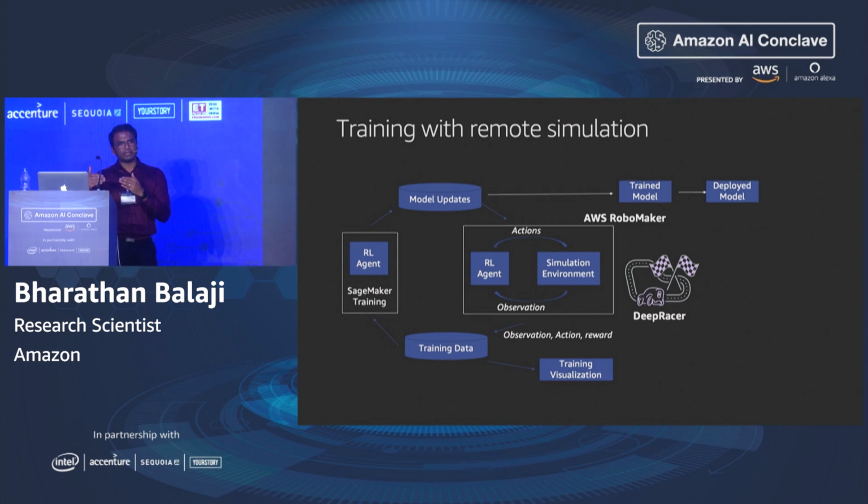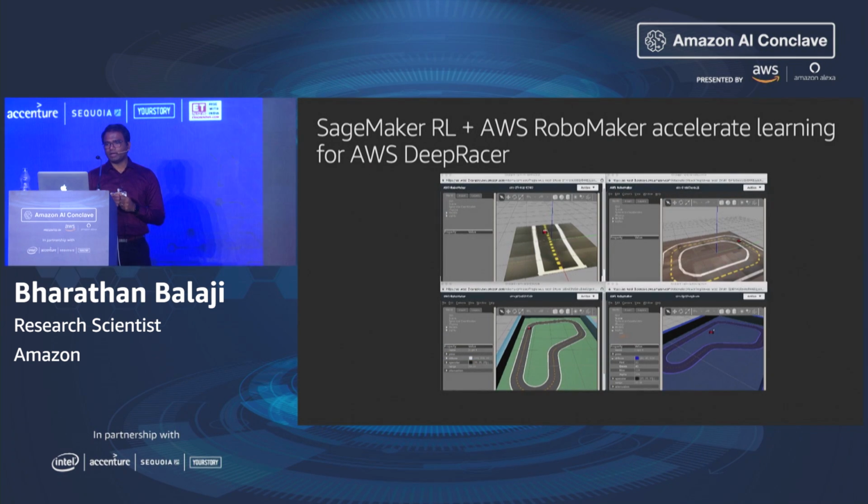So for both the architectures that I explained here, we can parallelize the simulations such that we collect interaction data much faster, and that allows us to train the models in a very timely manner. Here is an example of how DeepRacer is training across 4 different tracks with 4 different lighting conditions, which allows the resulting model to be more robust, as well as train the model more quickly.